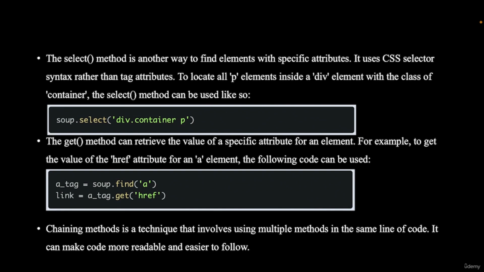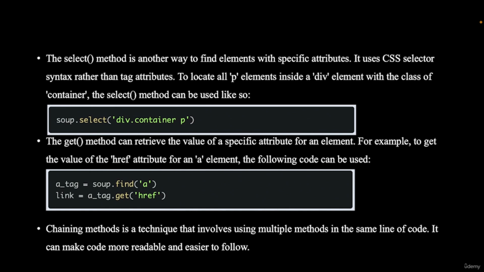The second is the select method. The select method is another way to find elements. This uses CSS selectors. As you can see in this one, we want to locate all paragraph elements that are inside a div element and have a class attribute of container. We'll be going through these examples in a few seconds.